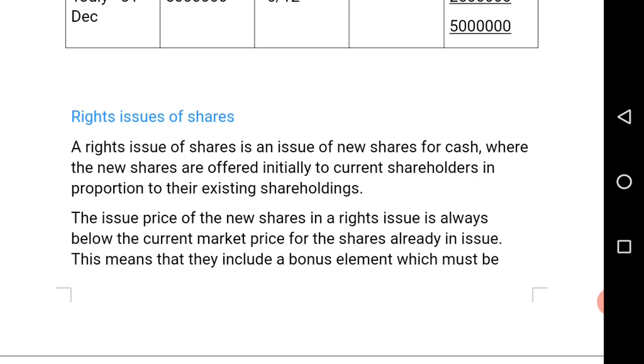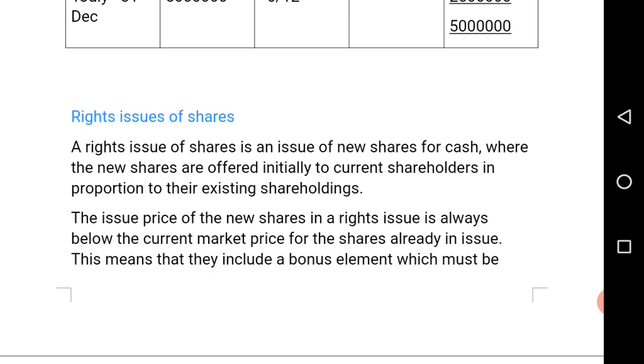Both are for current shareholders in proportion to their existing shareholdings, but this is for cash, and the cash is at a discount to the current market price of the shares. A discount means it is at a lower price than the current market price.